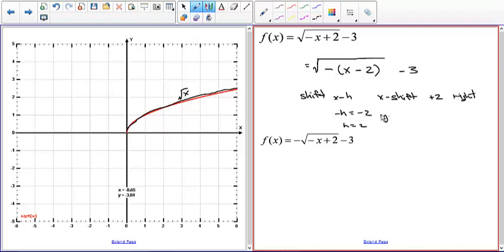And our y shift is still the same because that's outside of the square root. The y shift is negative 3, which means down. And this negative inside the square root means y-axis reflection.